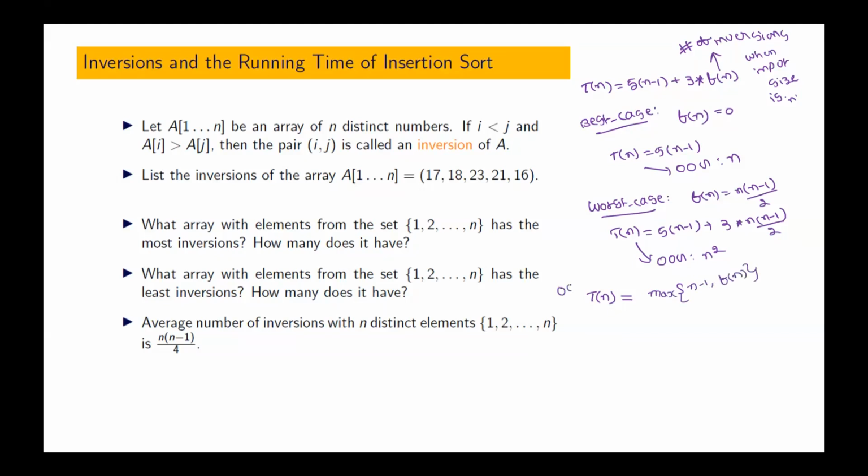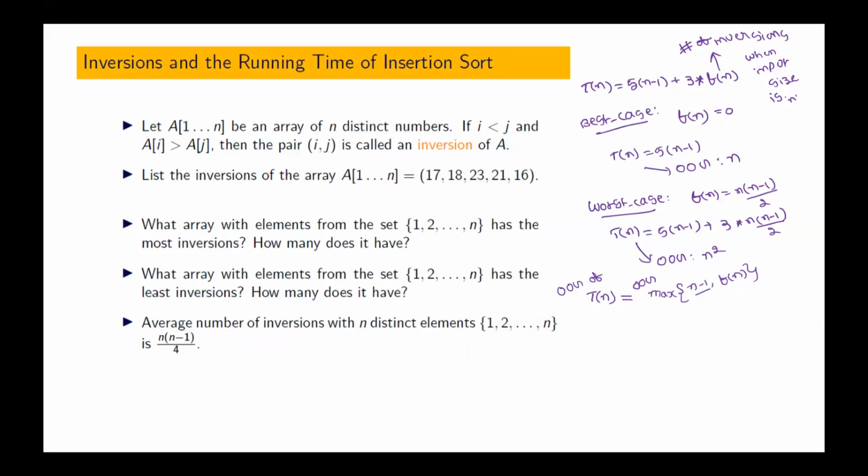Order of growth of T of n is maximum of n minus 1. N minus 1 means n only, no? Maximum of n minus 1 comma f of n, order of growth of maximum of n minus 1 comma f of n. Is that correct? Order of growth of T of n, the running time of insertion sort, is order of growth of maximum of n minus 1 comma f of n. Is that correct?